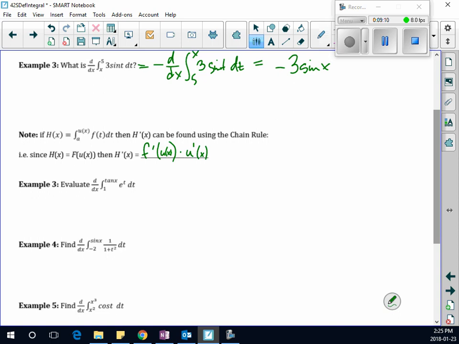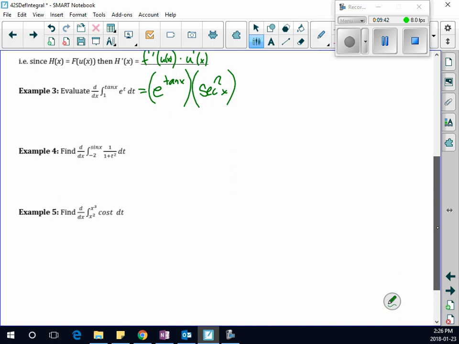This is continuous, so we can go in and we get e to the power 10x, but then, because this is a function and not just a variable, we have to multiply it by the derivative of that function, which is secant squared x. Very good. So if you want, you can put brackets around both of them. All right. Keep on going.